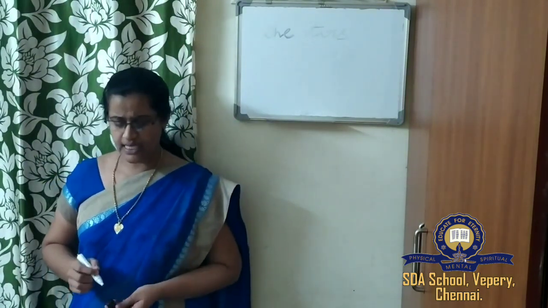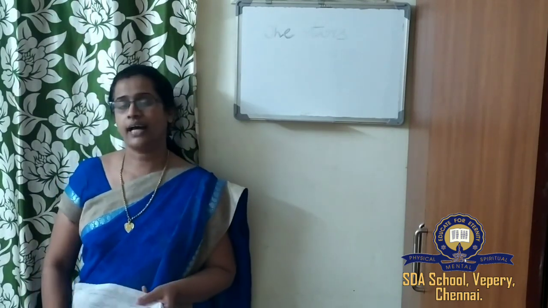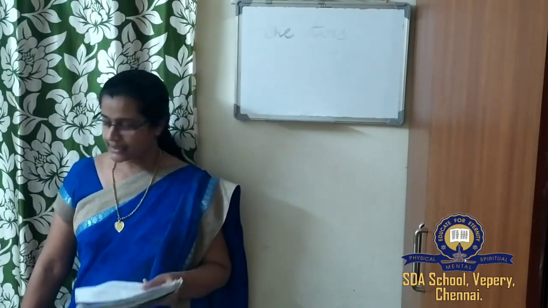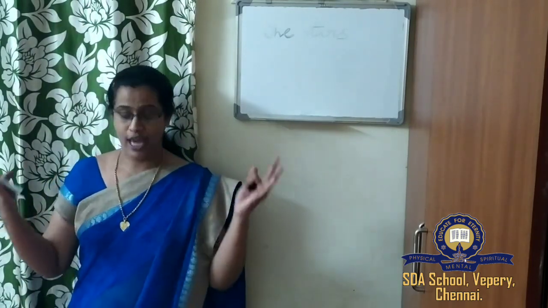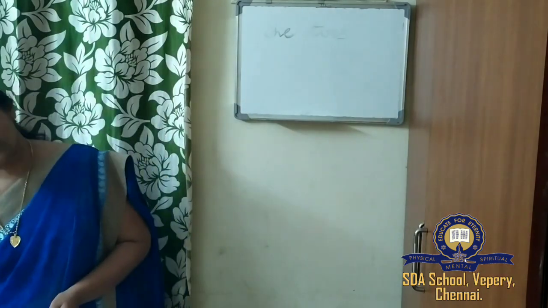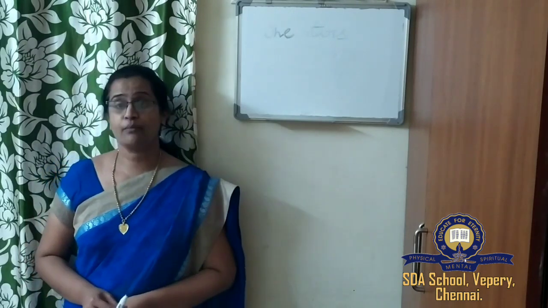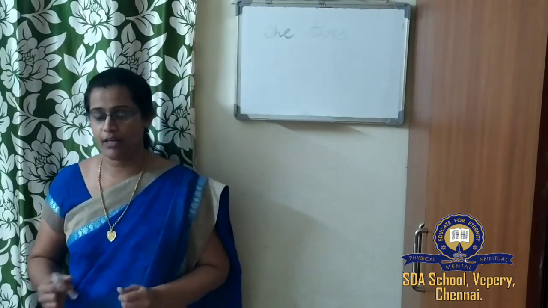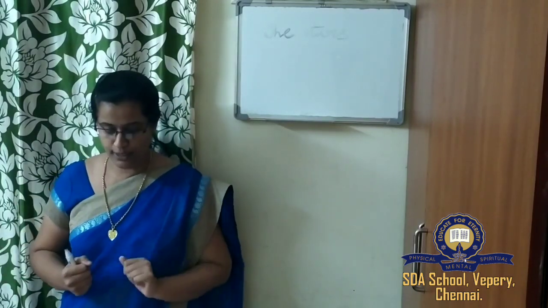We can see the stars twinkling in the sky at night. What are stars? The stars are huge heavenly bodies. What are heavenly bodies, we actually saw in the introduction: the sun, the moon, and the stars are called heavenly bodies.